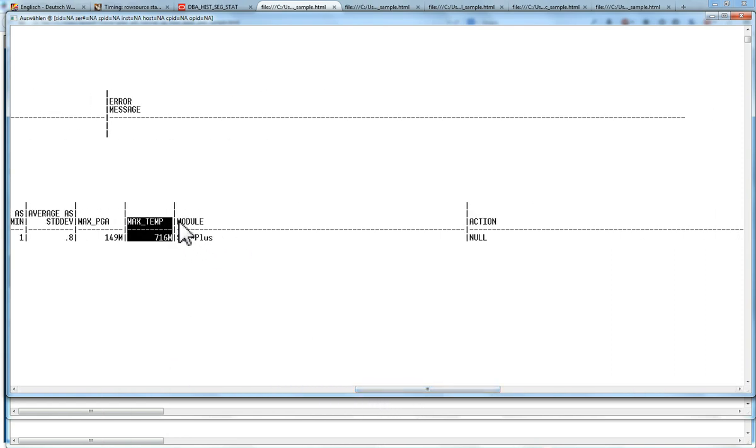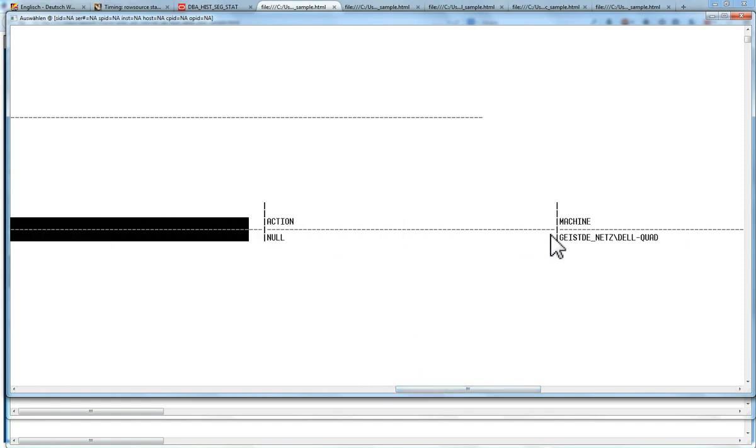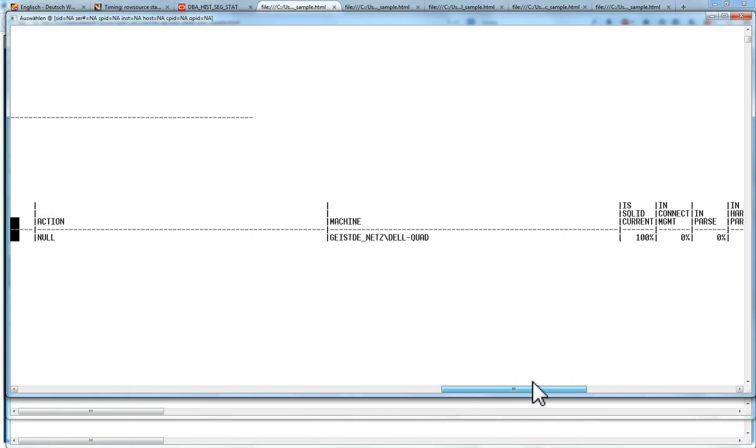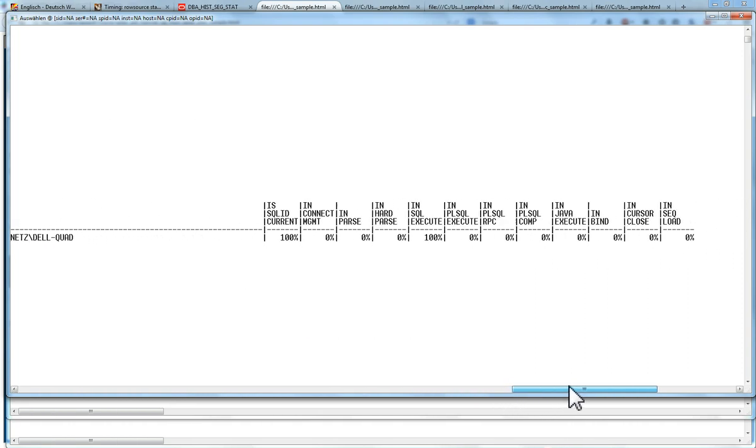And then finally we have the module, action and machine information, which are just the corresponding fields from active session history. Likewise there are these no/yes indicators in the recent releases of active session history.